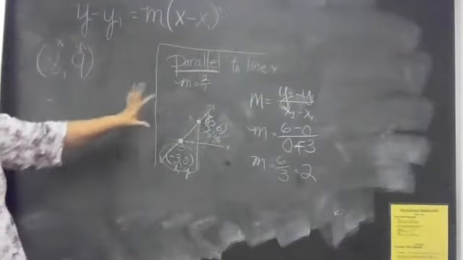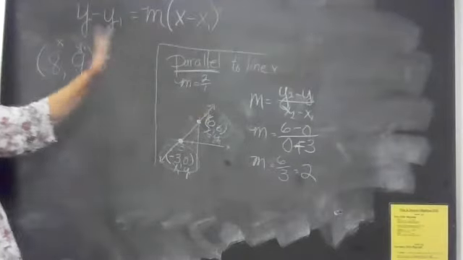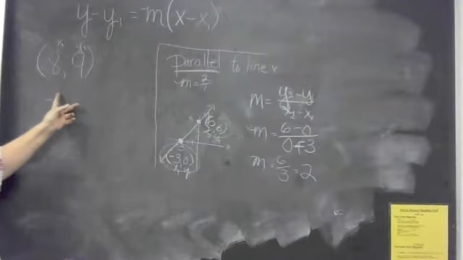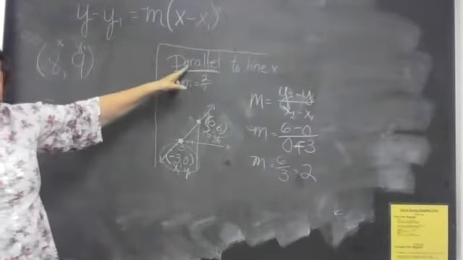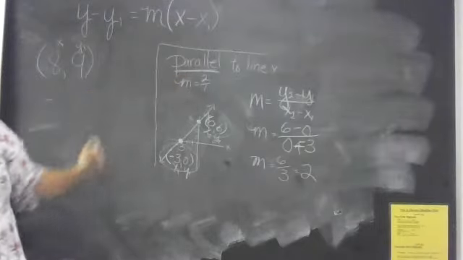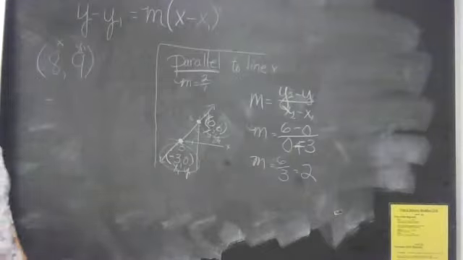We had to do that work because we needed the slope. We needed to know what slope we're going to use in our problem. Okay, now it says parallel to this slope. What do we know about parallel slopes? They're beside each other, they're the same. They're exactly the same.